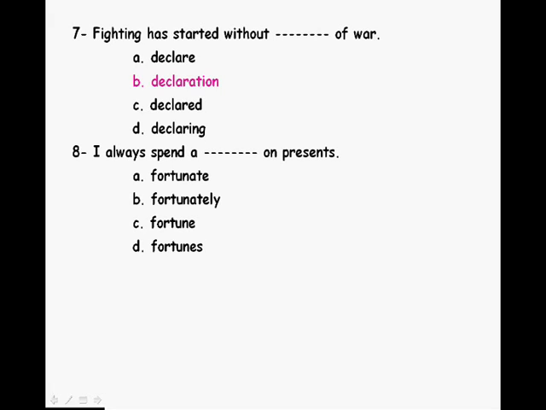So, what is the correct word? Yes, fortune. Because I have A, and I use it as a singular word, okay? Fortunes means many fortune, lots of money. So this is the plural, so I can't put it here because I have A. This means that I need a singular word, which is fortune.